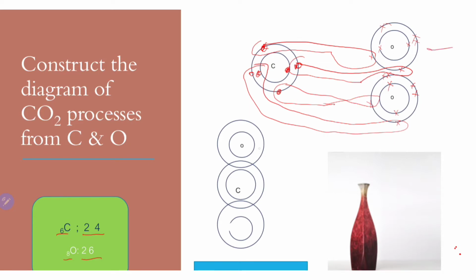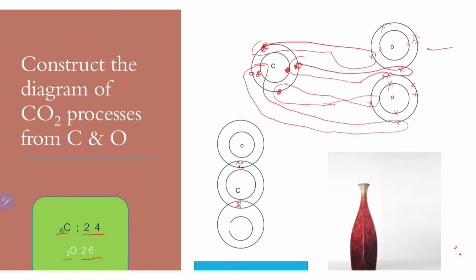So here you have two carbon electrons and two oxygen electrons joined together, and the same way here, two carbon electrons, two oxygen electrons joined together, here overlap.